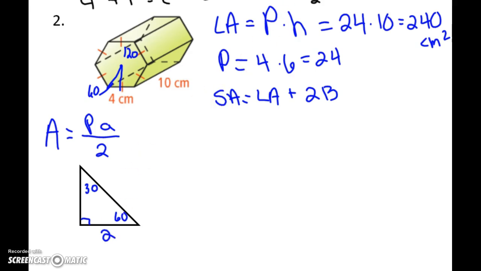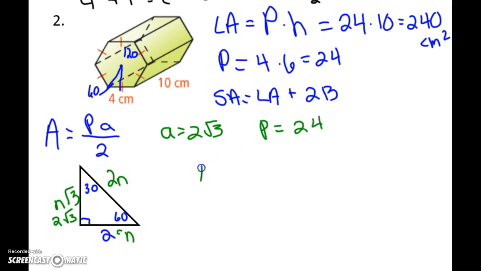Now, from our old ratios, we know that this is n, 2n, and n square root of 3. So my apothem must be 2 square root 3. So a equals 2 root 3. We already found that the perimeter was 24. We're ready to plug in. Area equals 24 times 2 root 3 over 2.